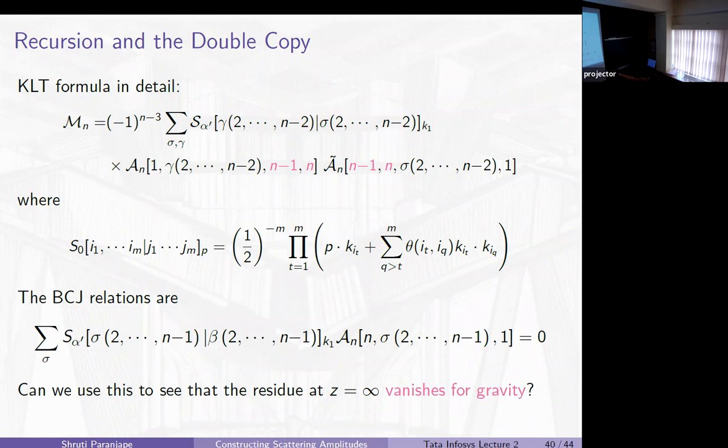So now if I choose to shift n and n minus 1 in this formula, I know that these are adjacent. So when I take z to infinity, both of these will give me 1 over z. And so that makes it very easy to see that the gravity amplitude, when I take z to infinity, gives me 1 over z squared. I can do the BCFW argument for any n point.